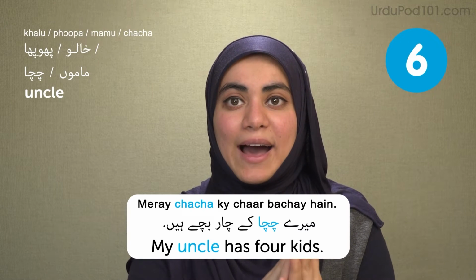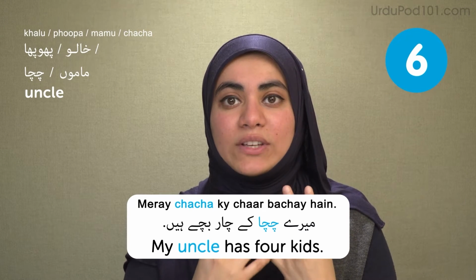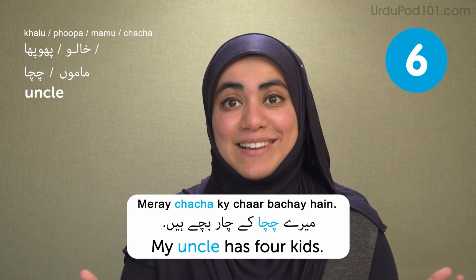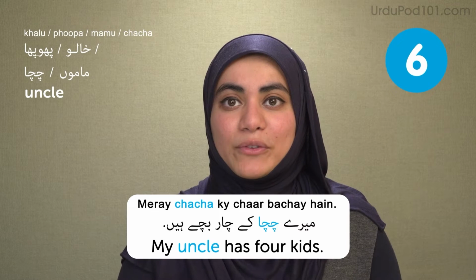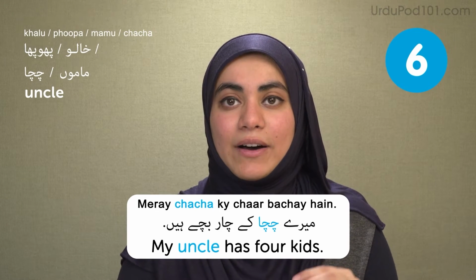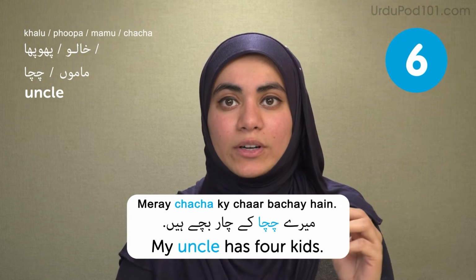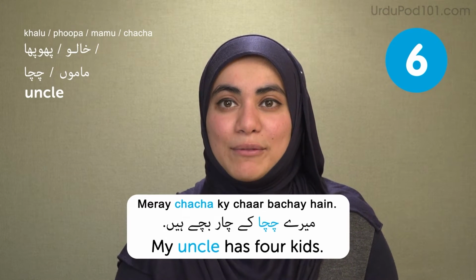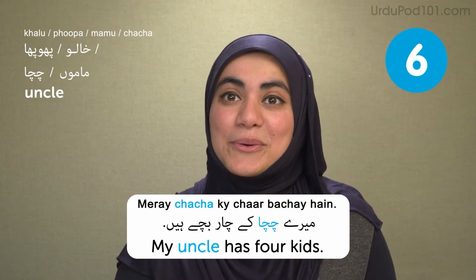So in Urdu we have names for all of these, but in English we just say uncle, which is pretty easy. But it does have its own charm when we have a specific name for a specific relation, and it does sound more cozy, closer to them.